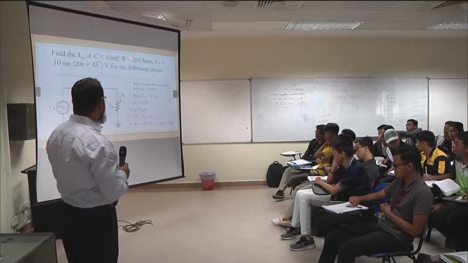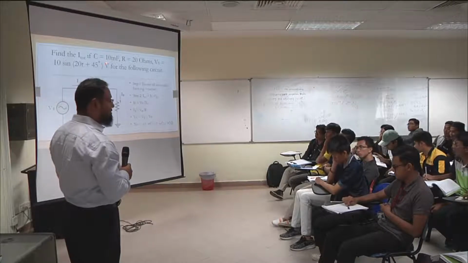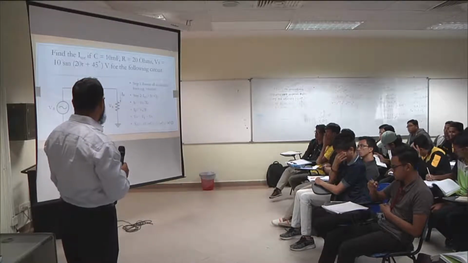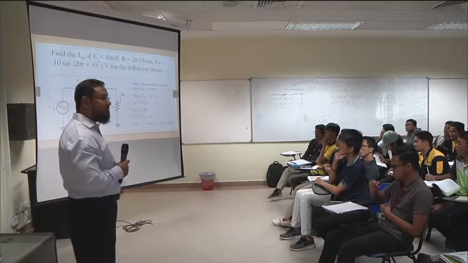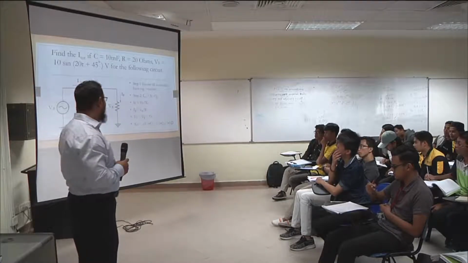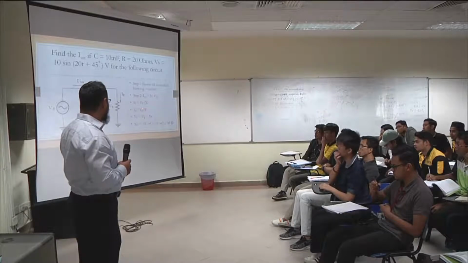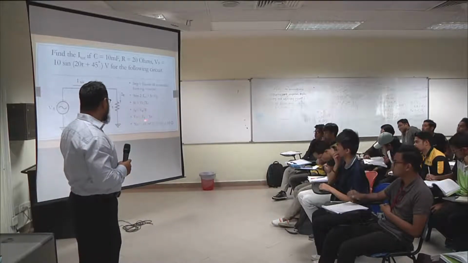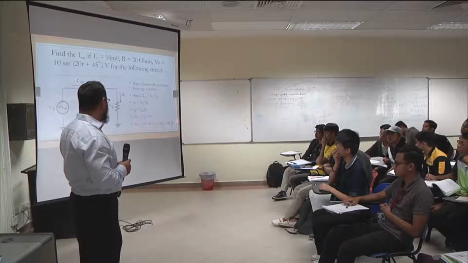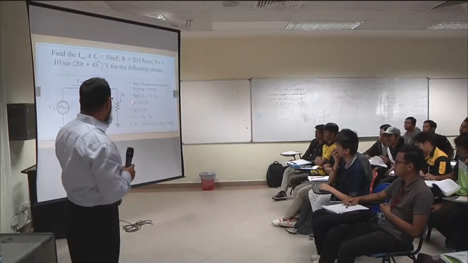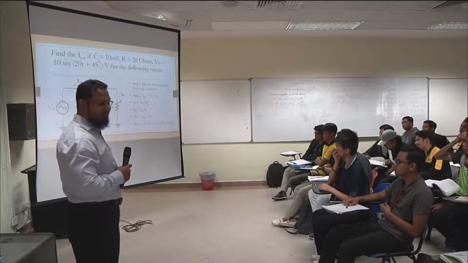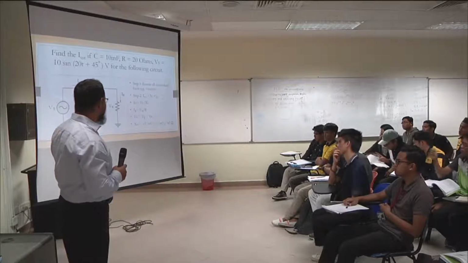So you find the reactance for C, which is negative j over omega C. And from there on, you can find IC, and you can find IR. IC, IR. Okay? And this is XC. Once you find IC and IR, you add them up, and you get I total.